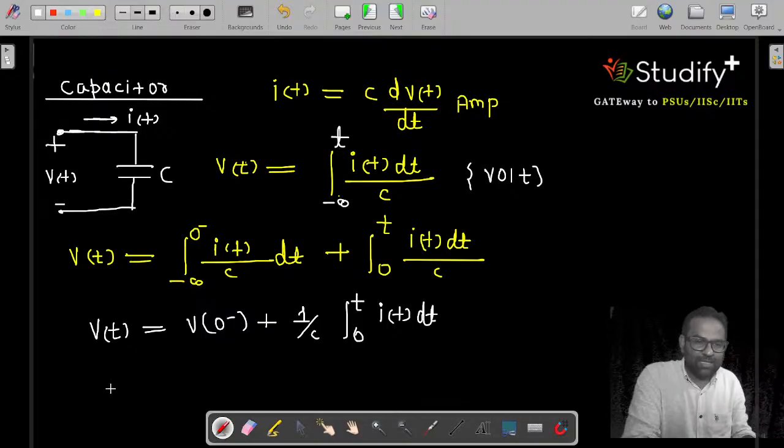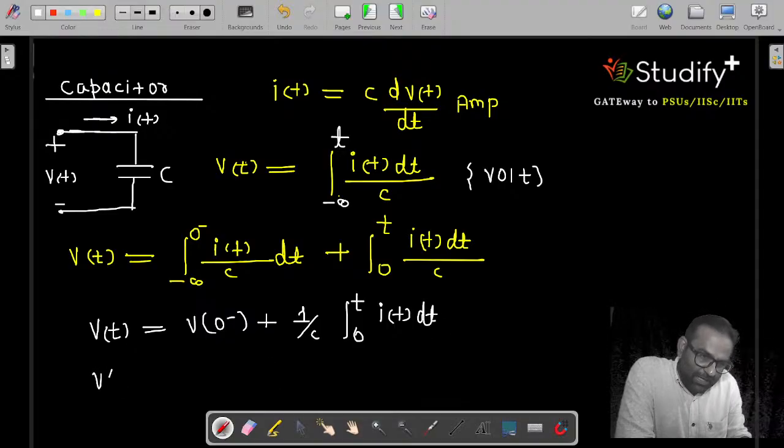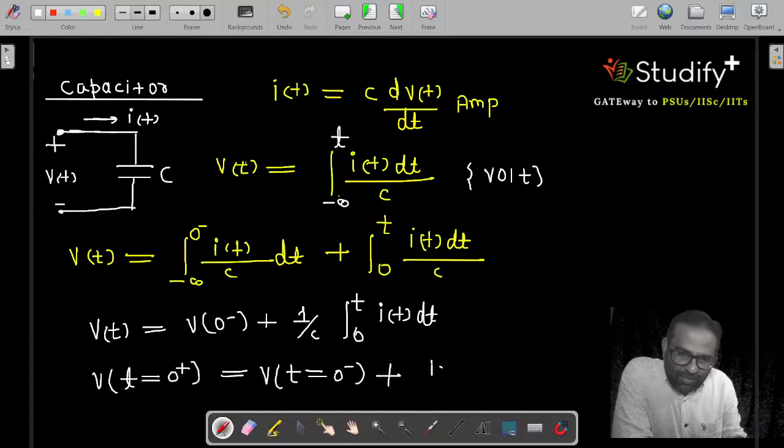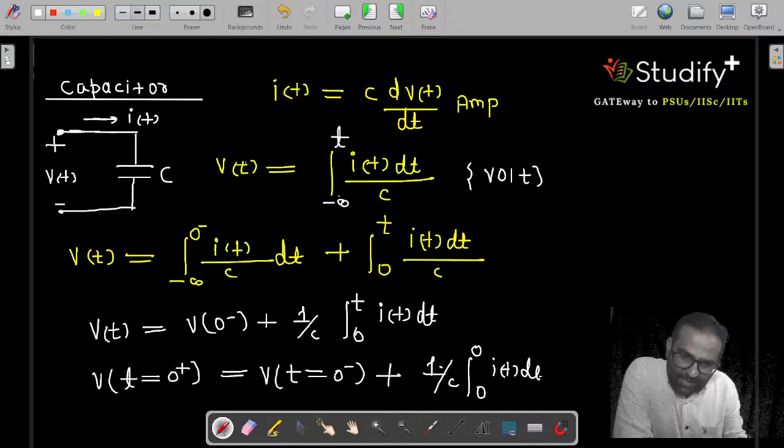Now, if we want to analyze this at t equal to 0 plus, this value is constant, v of t equal to 0 minus, and when you calculate the integral from 0 to 0, this value is again equal to 0.